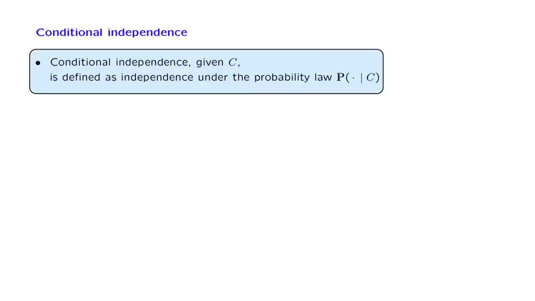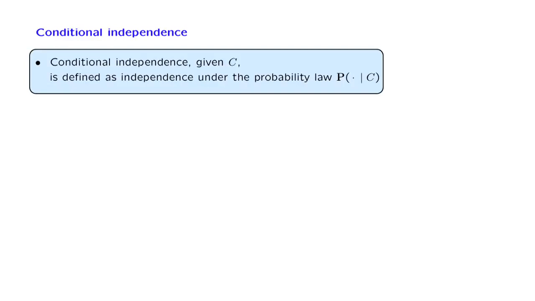Conditional probabilities are like ordinary probabilities, except that they apply to a new situation where some additional information is available. For this reason, any concept relevant to probability models has a counterpart that applies to conditional probability models. In this spirit, we can define a notion of conditional independence, which is nothing but the notion of independence applied to a conditional model.